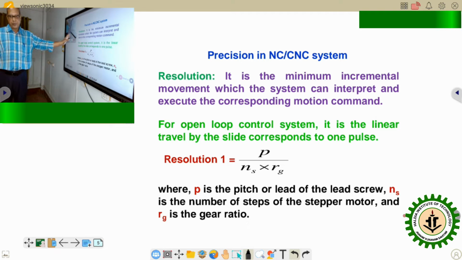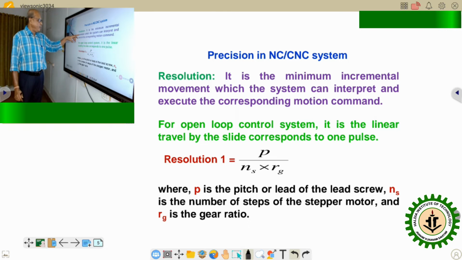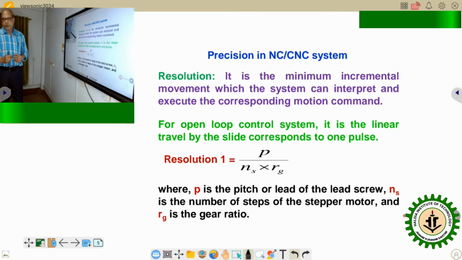It is the same, but typically we call it resolution when we think about precision. Resolution is the minimum incremental movement which the system can interpret and execute as the corresponding motion command. So the system has to interpret it, and at the same time the mechanical or electromechanical system has to execute that particular command. That is exactly the resolution.